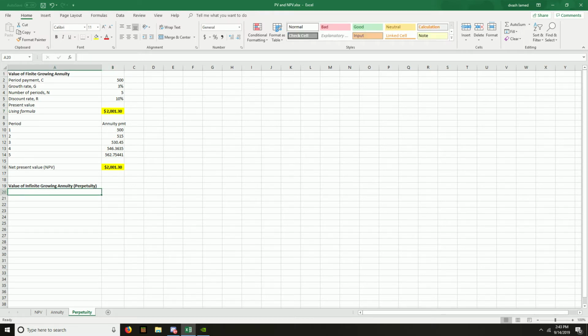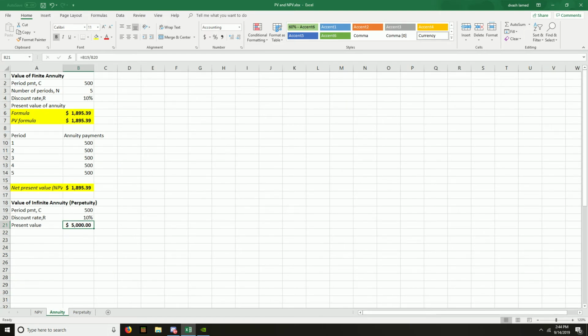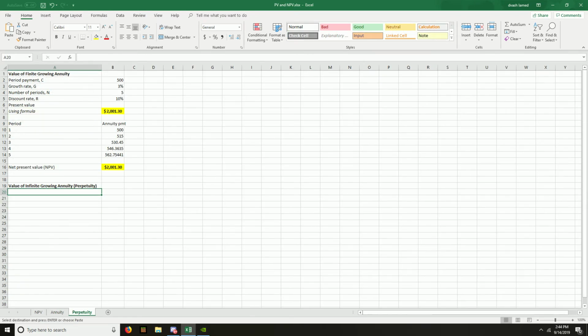And then here we can look at the infinite growing annuity or the perpetuities, similar to what we had here. We can copy this, bring it over here, and then above the discount rate we could just insert the growth rate that we had above. So this here will have payments for an indefinite number of periods or forever.